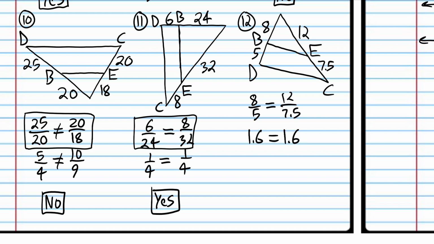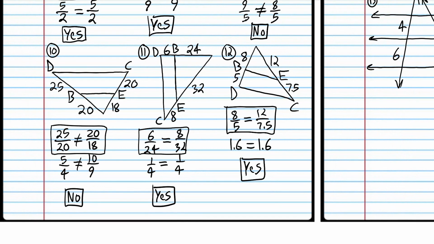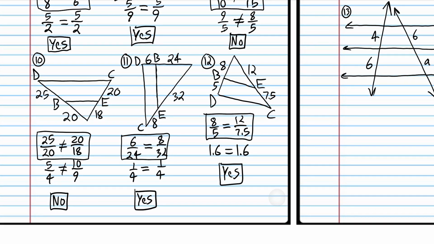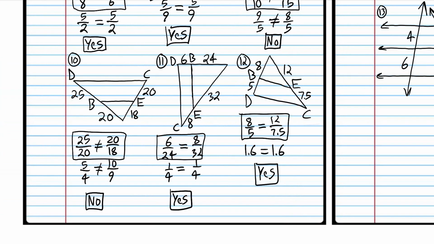So when we change them to decimal form, we can see that this proportion is true. Another way to do it is to make these fractions look the same, but again, because we have a decimal, that's not so easy to do. So if you got that answer, good job.